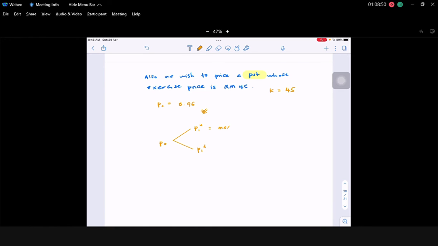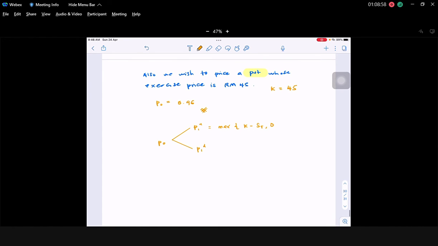Okay, so max 45 minus subtract 55. So kita akan dapat negative value. So kita ambil 0 lah dekat sini. Dan dekat sini, so awak akan dapat 45 subtract 40. So akan dapat 5.